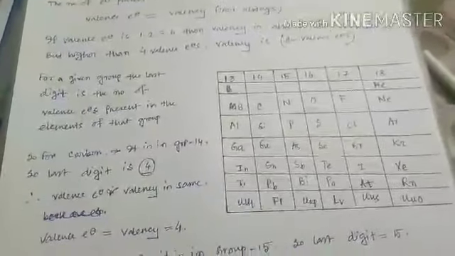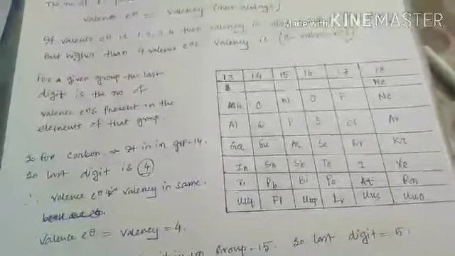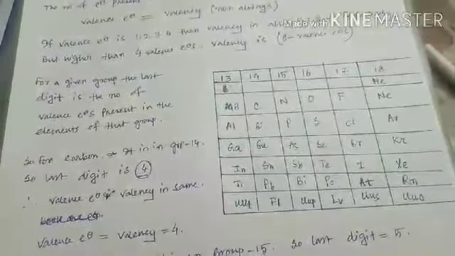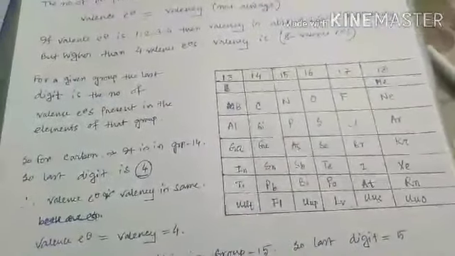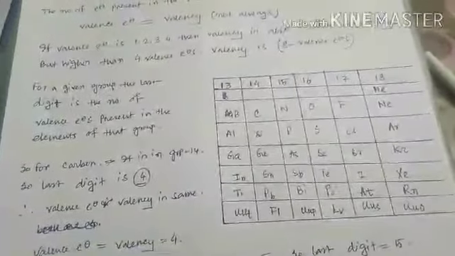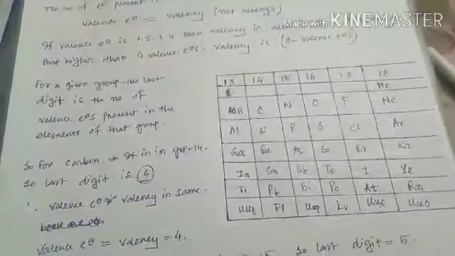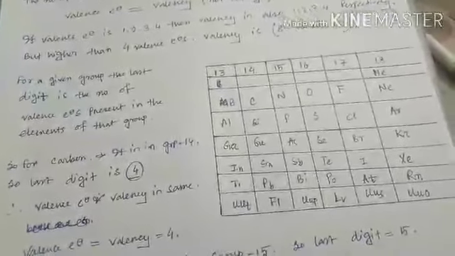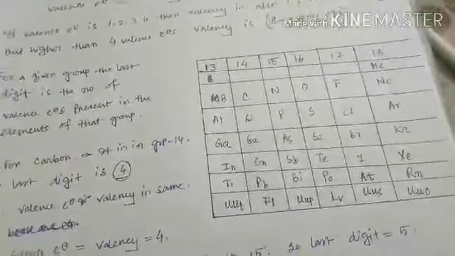I have drawn the periodic table for p block elements, that is for group 13 to group 18. Here you can see the elements of groups 13, 14, 15, 16, 17 and 18. The 7th period elements are not required, though I have written them.